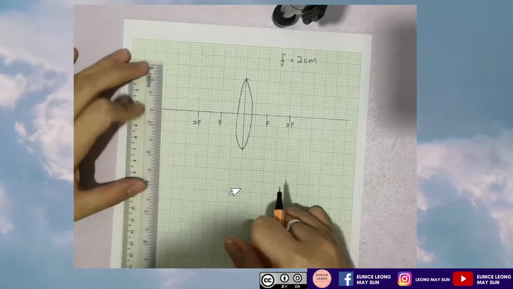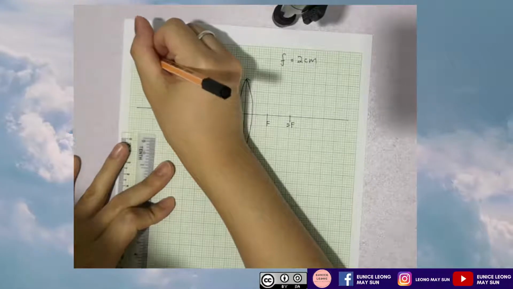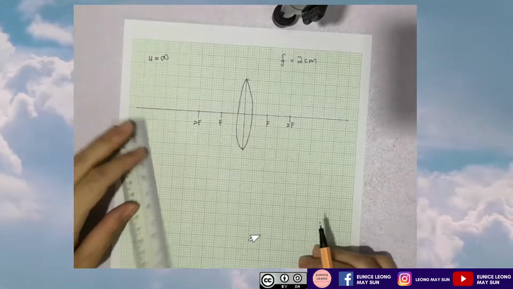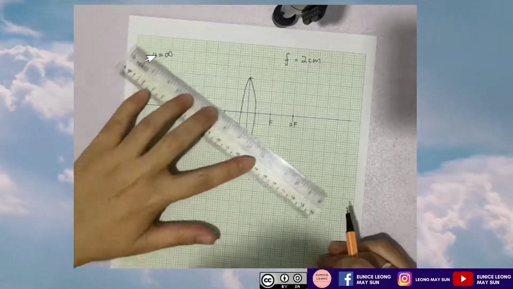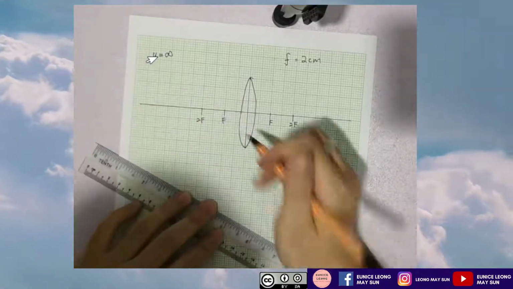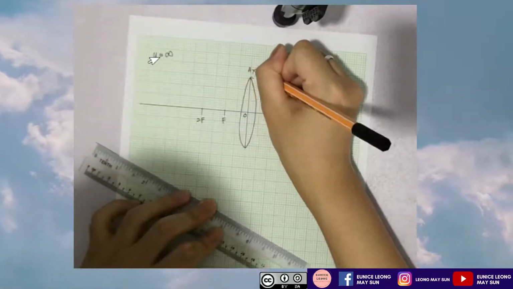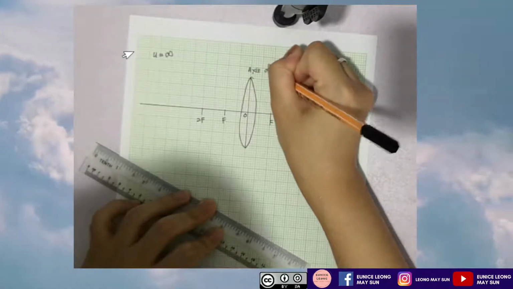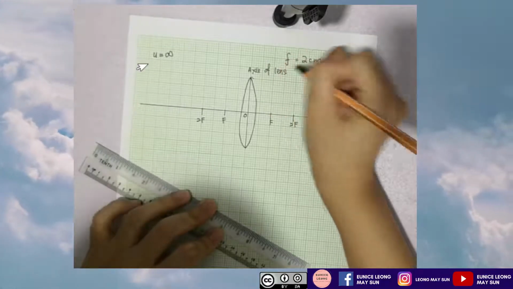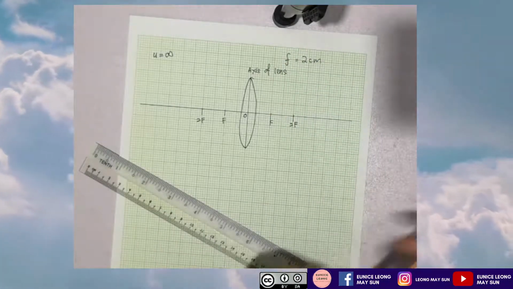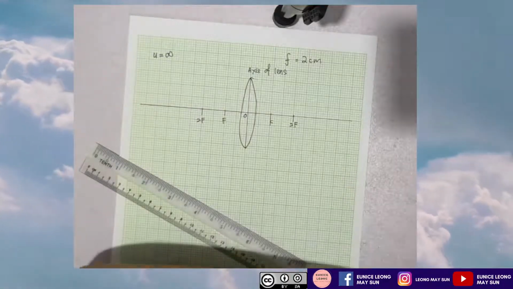Right now we're going to draw the first ray diagram, which is object at infinity. Object at infinity means that our incident rays have to be parallel. I just wrote the axis of the lens and the optical center over here.